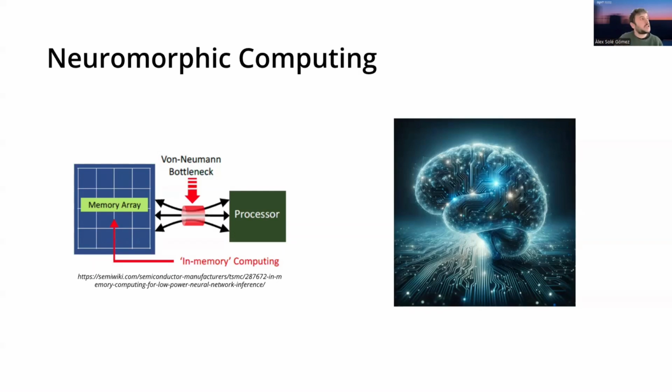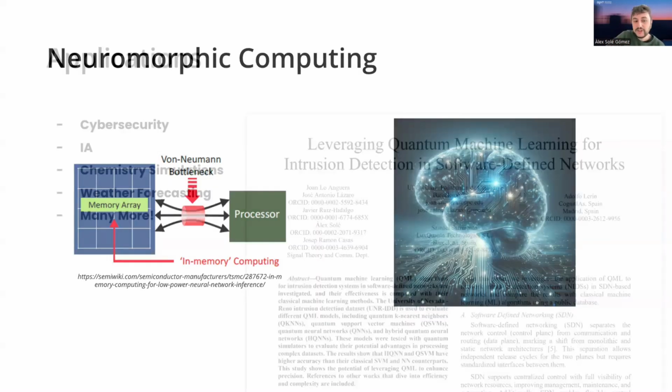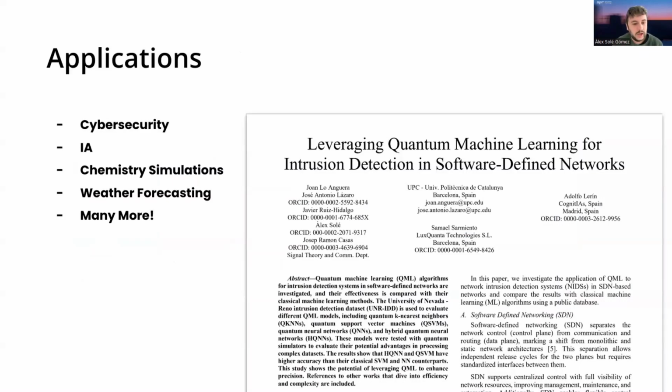And someone can ask me, okay, but what are the applications of that? You have a myriad of applications, because everything that is computationally expensive now can be simplified. One example, from a paper we published this year, is in cybersecurity.